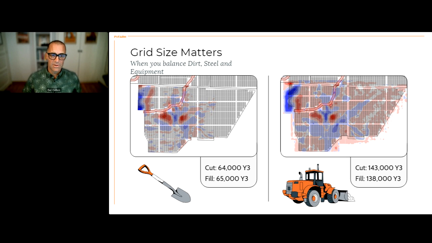We're not going to build a site of this scale with a handheld shovel, of course, but if you're not really paying attention to how that optimization lands in the real world, you're likely going to run into some issues. See that when we expand out to the 12-foot, maybe 12 to 18, depending on the blade size, for a heavy piece of equipment, which would be used for a site like this, we can see what happens to those dirt quantities.